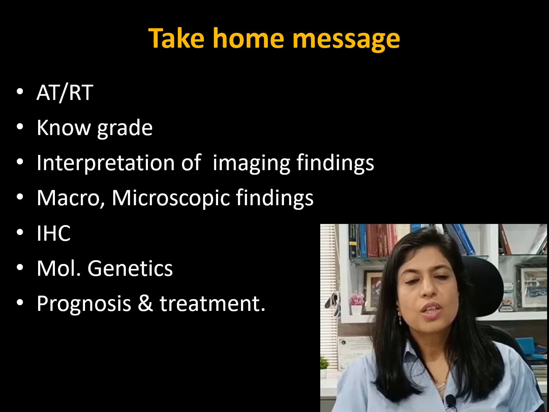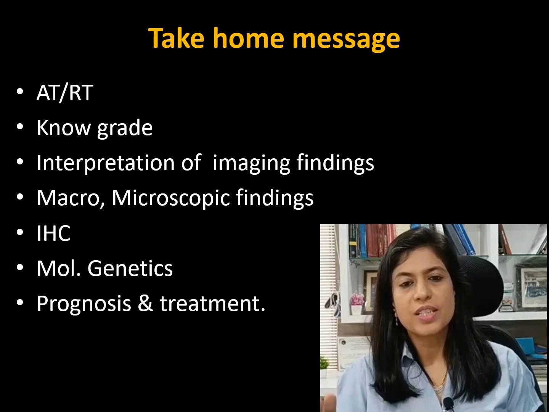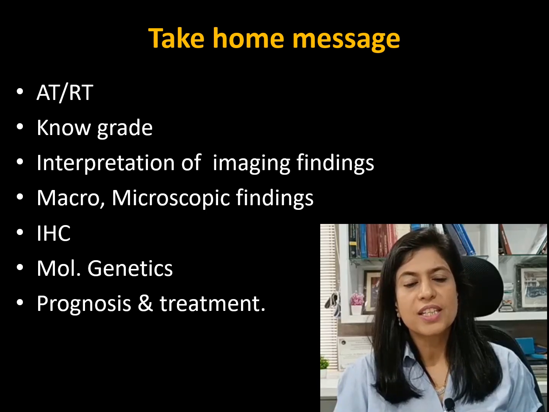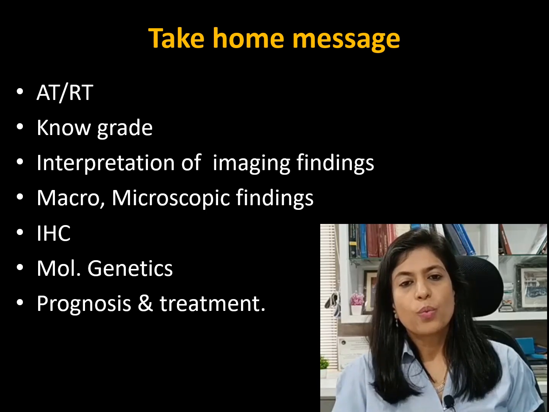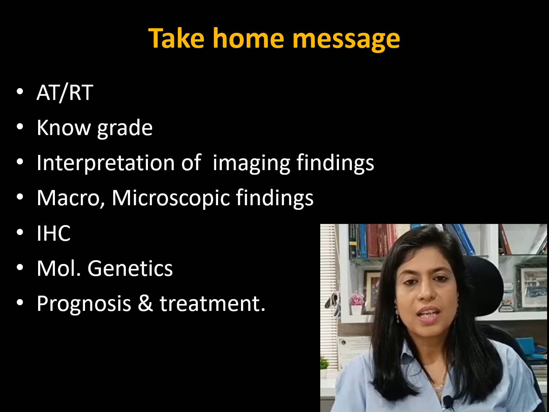Take-home message: atypical teratoid rhabdoid tumors are high-grade malignant embryonal tumors of the central nervous system composed of primitive undifferentiated cells with a varied number of rhabdoid cells. Now these primitive cells may show differentiation towards neuroepithelial, epithelial or mesenchymal components.